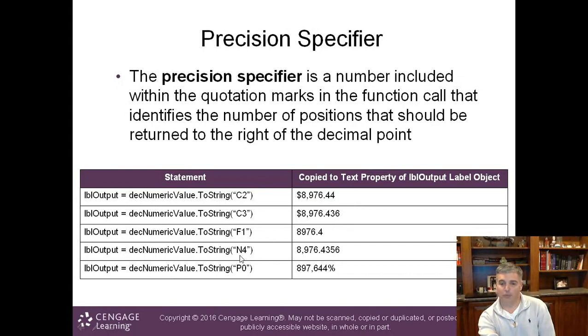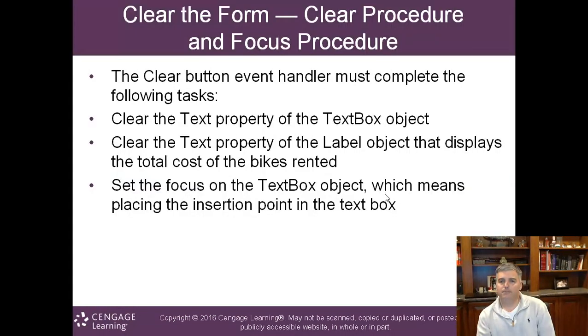F1, fixed 1 decimal place. Numeric 4, so you notice the difference between F and N is there's a comma in the N, there's no comma in the fixed. And then percentage 0, displaying that same number as a percentage with no decimal places on it. So it's just some nice UI stuff for our users for outputting our data in our label when we're done with our processing.